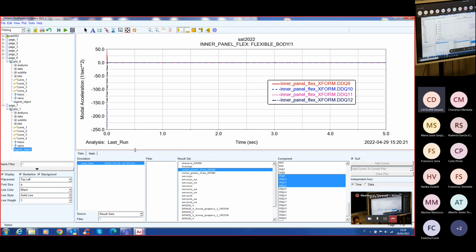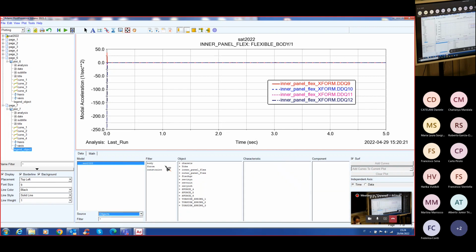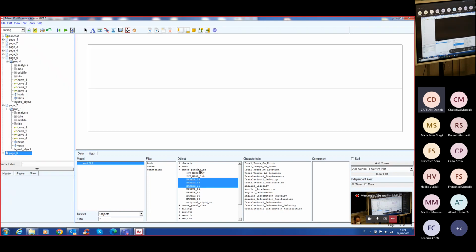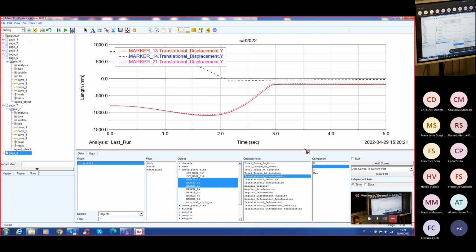Another interesting result is that if you evaluate in the finite element model, for example, the characteristic of a marker. So if you select, for example, a marker in the flexible body model, you can see displacement of the marker, but also deformation of the marker.